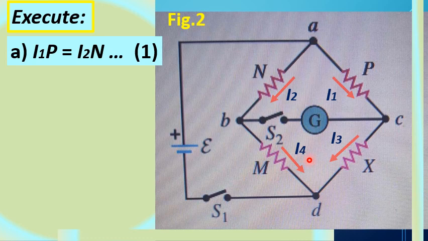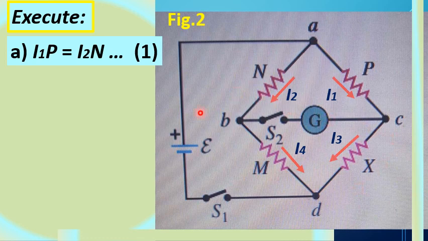And under the balance condition of the Wheatstone bridge, we can see that the voltage across resistance P is equal to the current I sub 1 times the resistance P, while the voltage across resistance N is equal to the current I sub 2 times the resistance N, because path ABD is parallel to path ACD.